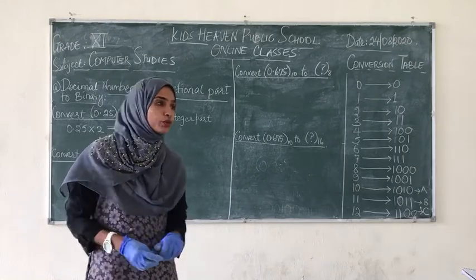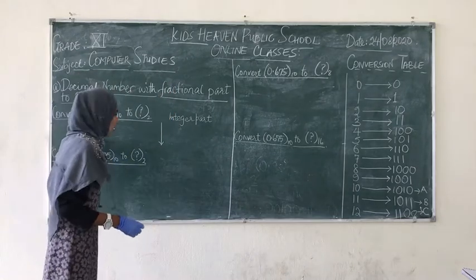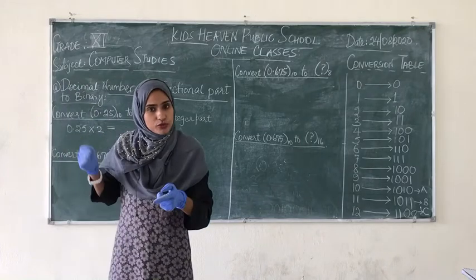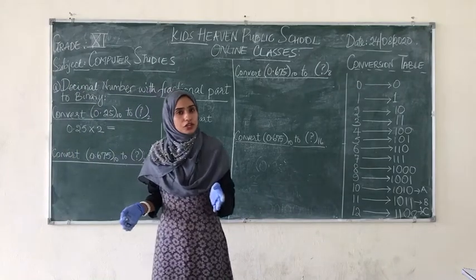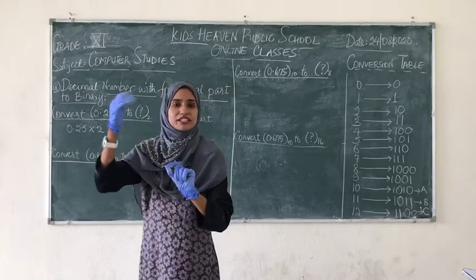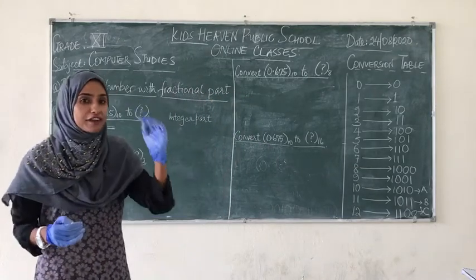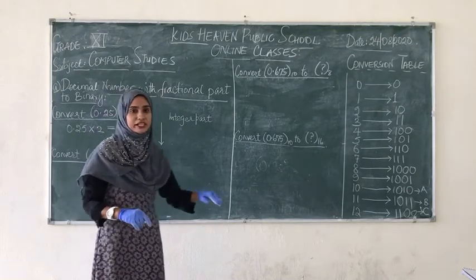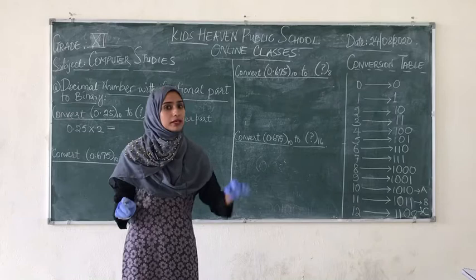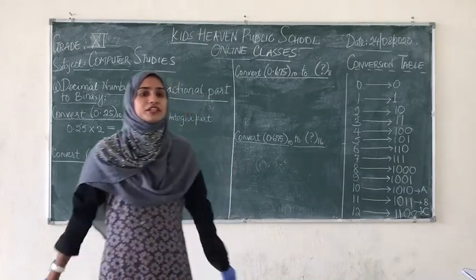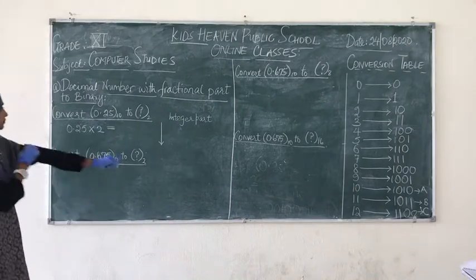Rule number 2, if the integer part does not turn to 0 with subsequent multiplications, how do we stop? We stop when the integer part begins repeating itself. If we have an integer part of 200, after 5 multiplications, a 0 doesn't come, but instead 200 comes, we can stop the multiplication.